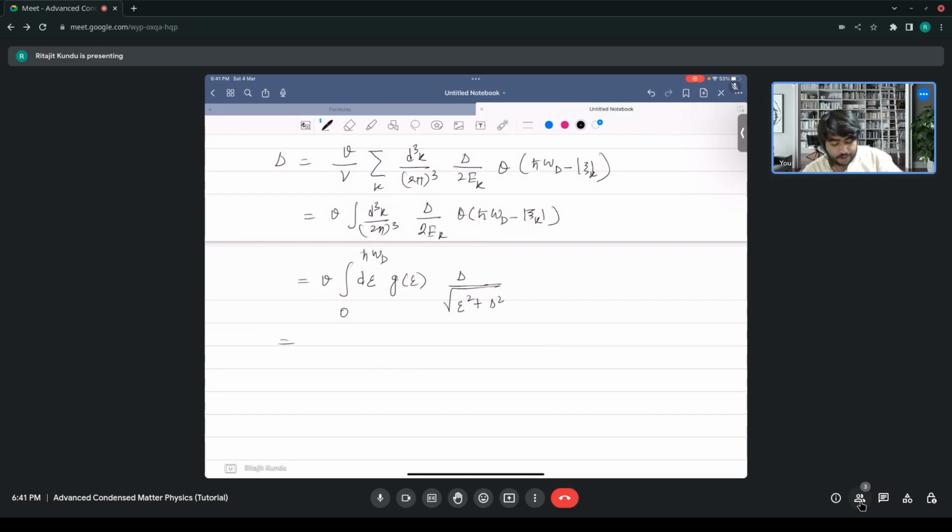Because we are near the Fermi energy, we can take out this density of states. I'll just write it as g of E_f, where E_f is the Fermi energy, and the rest of the integration we can do analytically.